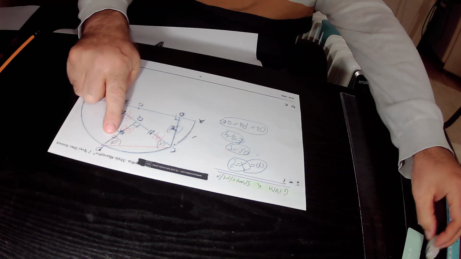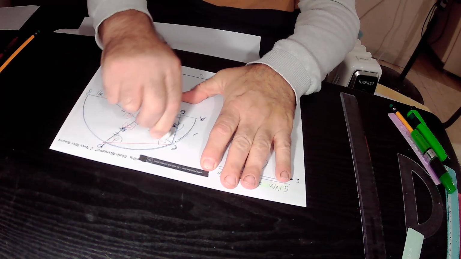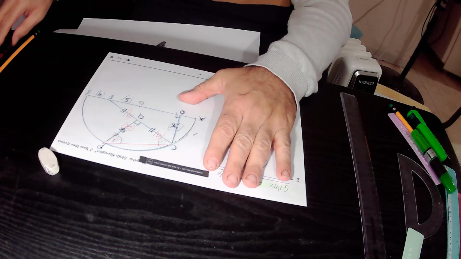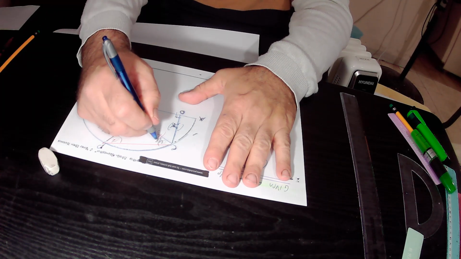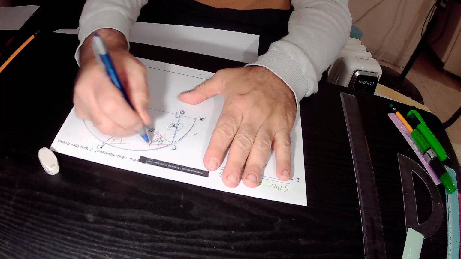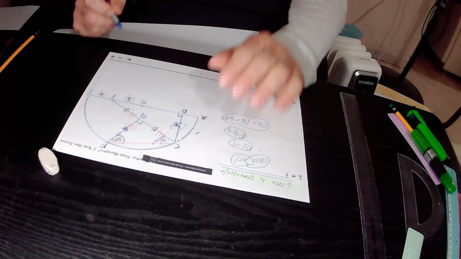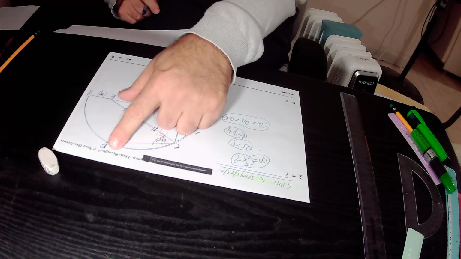In the next step, we'll join points Q and E together by a straight line.